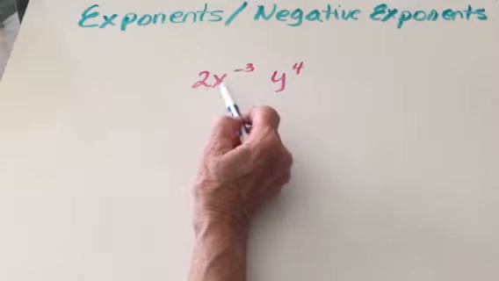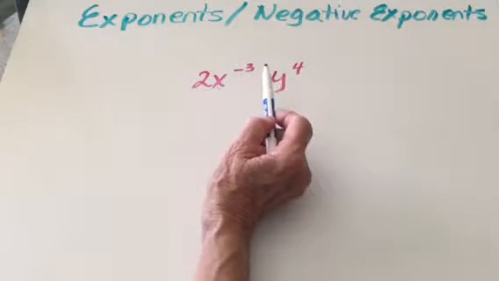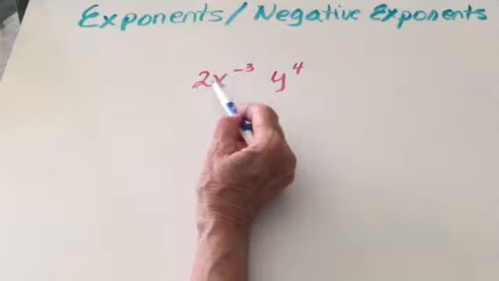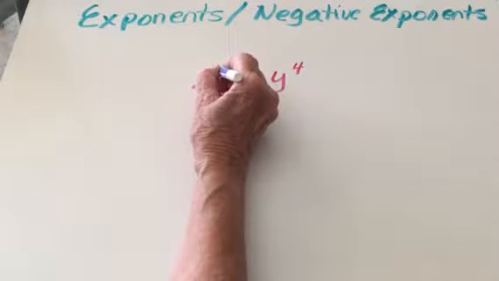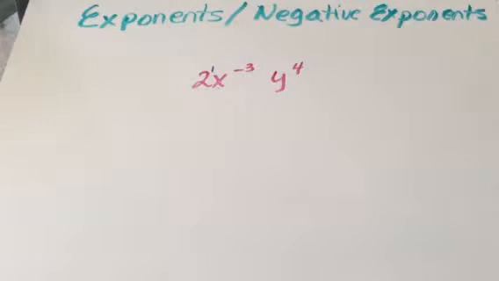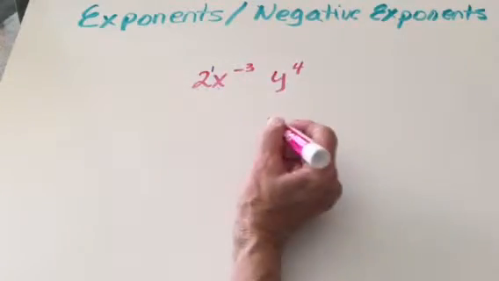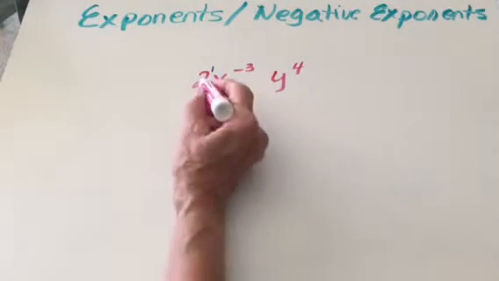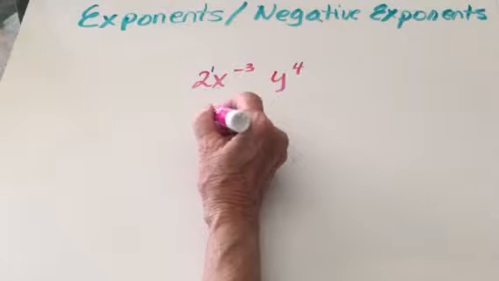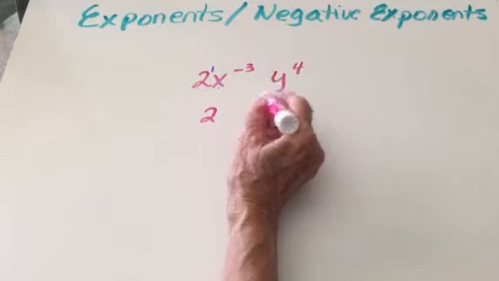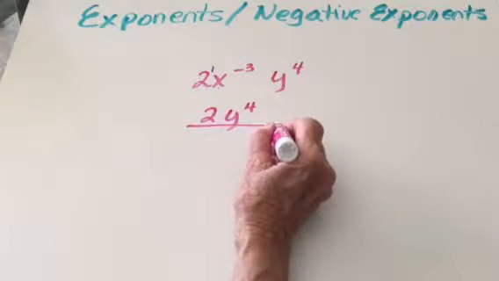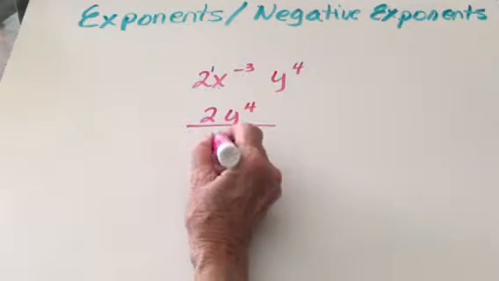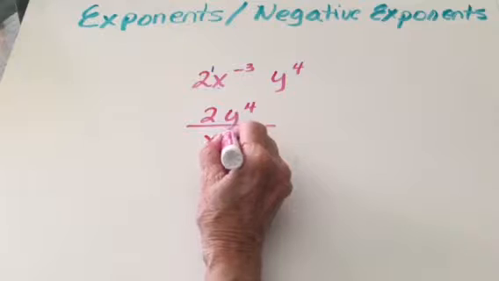You might not know this. It only applies to the x. It doesn't apply to the 2. The 2 has an invisible 1 exponent right there. So the only thing I have to do to write this equation correctly, I'm going to leave the 2 upstairs, and I'm going to leave the y upstairs, y to the 4th, divided by x to the 3rd.